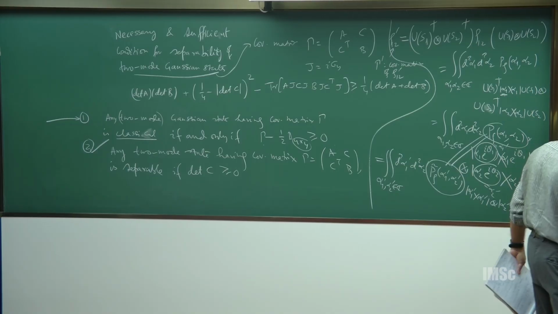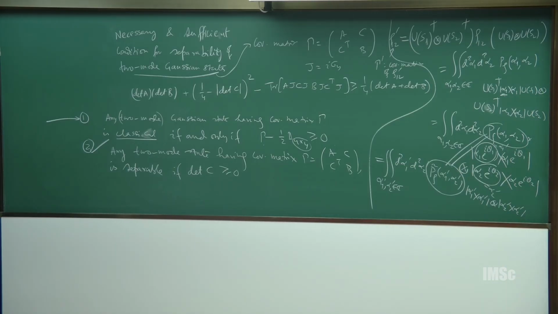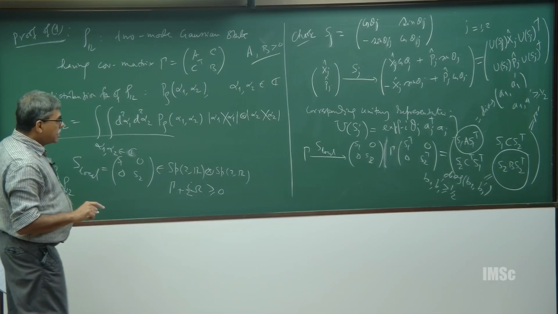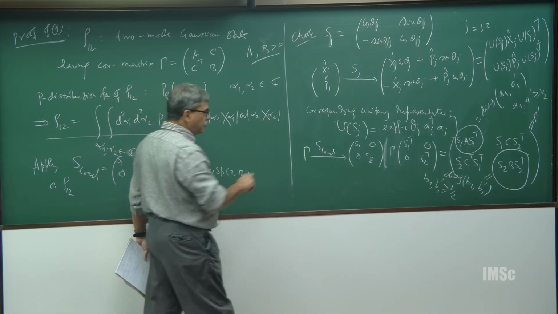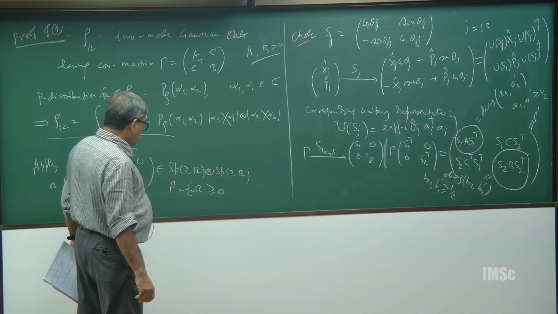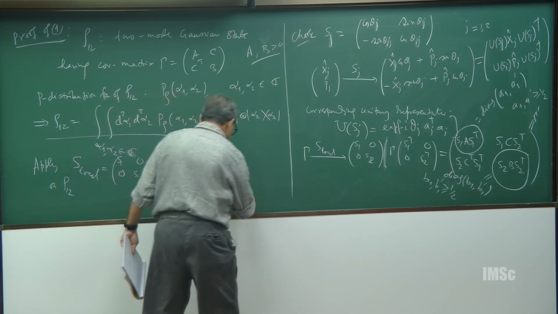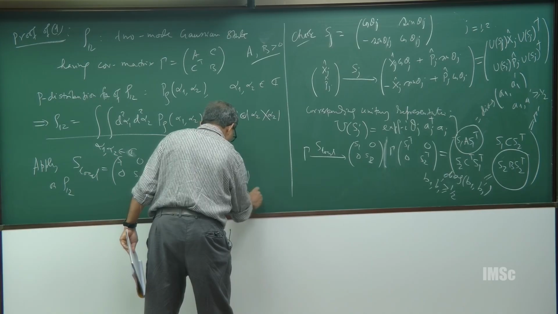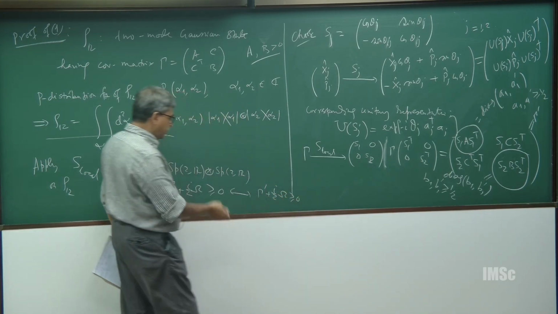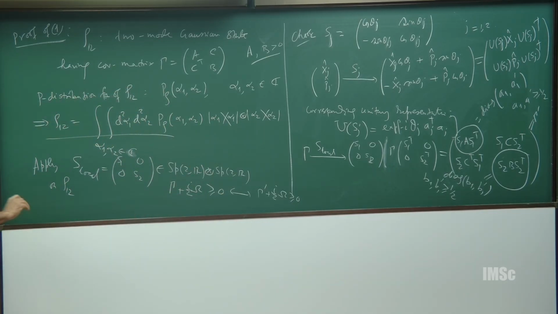You see that initially this gamma, because it is a covariance matrix, satisfies gamma plus i/2 omega greater than or equal to 0, right, the uncertainty relation. Now, I have changed it to gamma prime. So, gamma prime plus i/2 omega is also greater than or equal to 0, because this has to be the case, and that is fine.